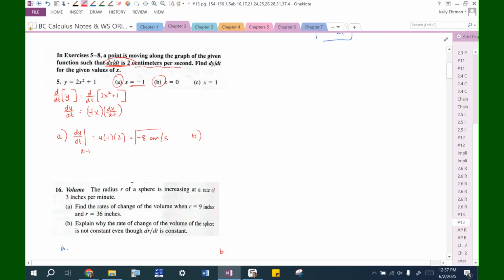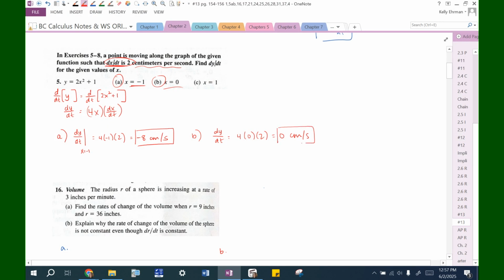A lot of times for our free response problems, we will be asked to find a value and include units in our answer, so that's a separate point. All right, for x equals 0, it's the same equation, you're just subbing different information in. So dy/dt, I don't have to take the derivative all over again. It will be 4 times 0 times 2, which is just 0 centimeters per second.